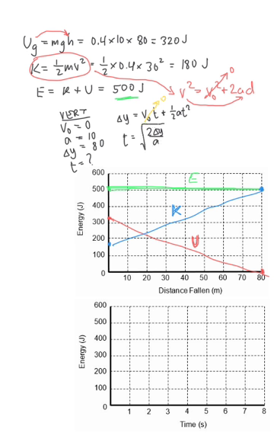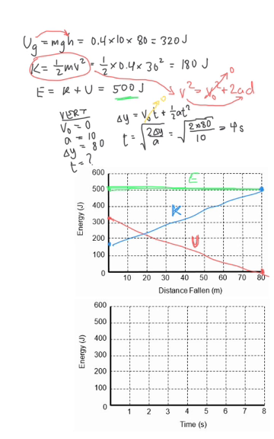Plugging in the numbers, 2 times 80 is 160, divided by 10 gives you 16. The square root of 16 is 4 seconds.